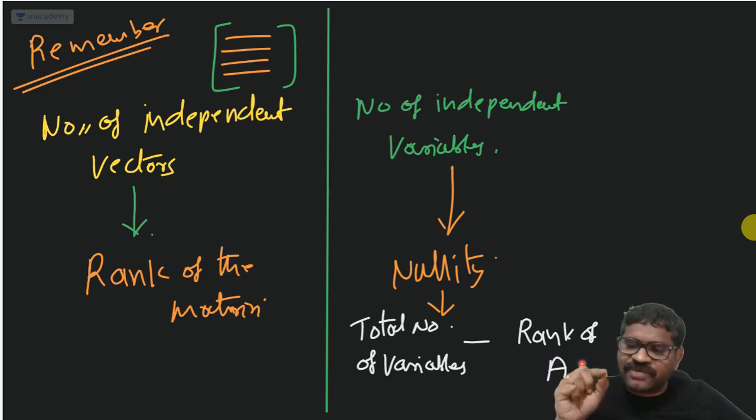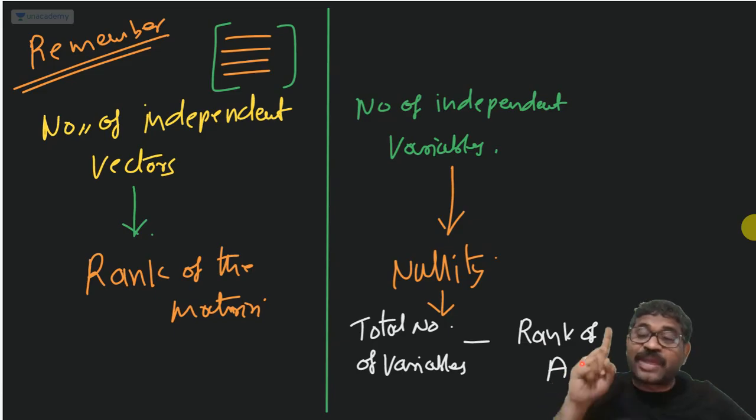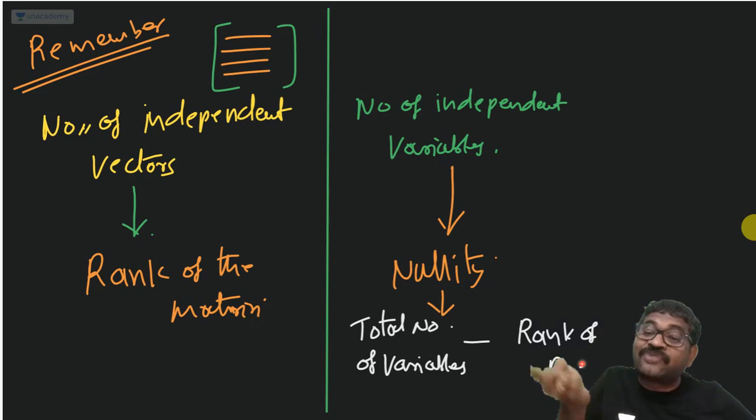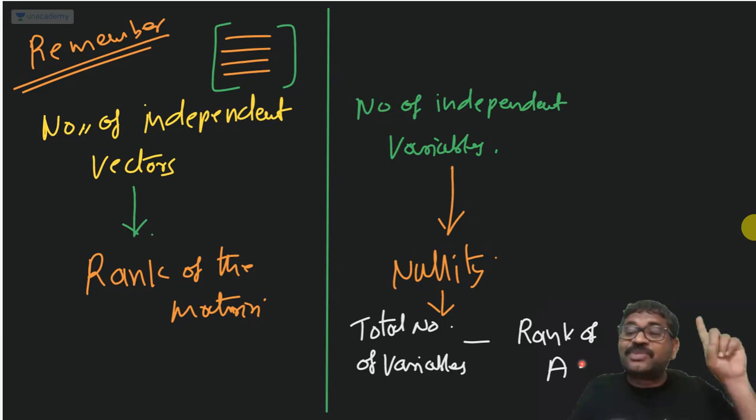I said that when it is total number of variables minus rank of A minus lambda I. Here the free variables are different.